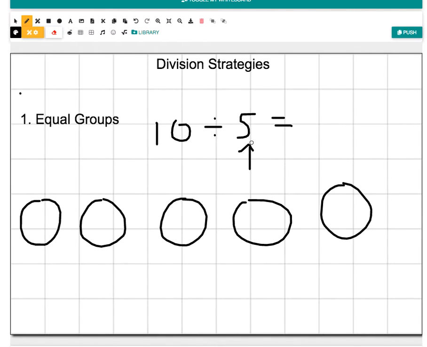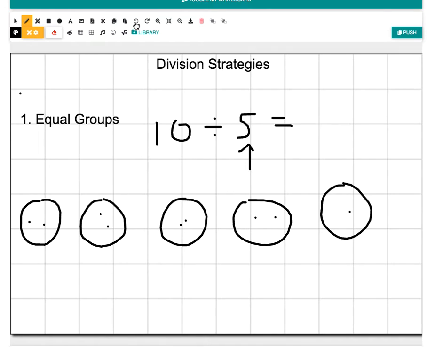Now I'm going to divide 10 into my 5 groups evenly: 1, 2, 3, 4, 5, 6, 7, 8, 9, 10. If I look, I have 2 in each group. So my answer is going to be 2. That's how we do equal groups.